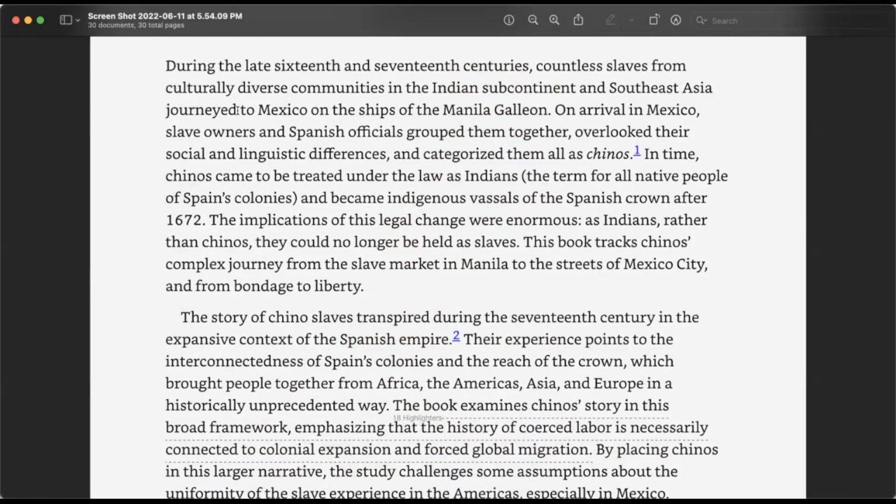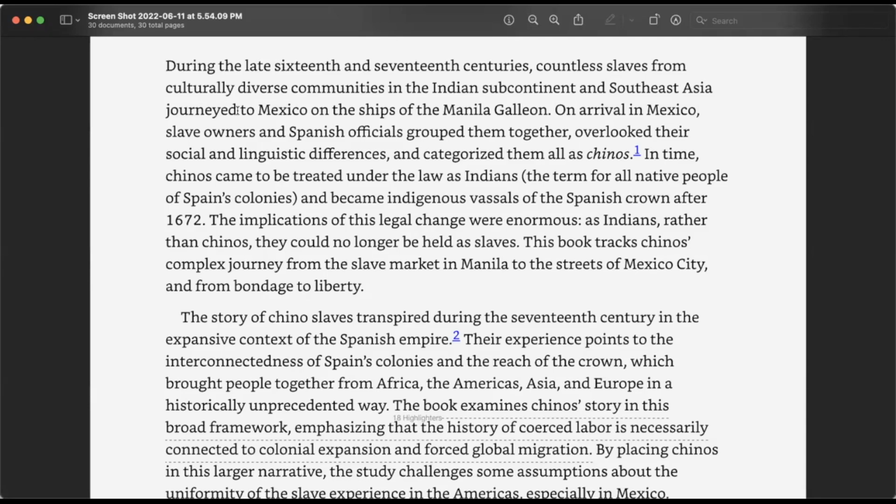So again, we come back to the book, and it's telling us on arrival in Mexico, slave owners and Spanish officials grouped them together, all these different people, overlooked their social and linguistic differences, and categorized them all as Chinos. In time, Chinos came to be treated under the law as Indians. All right, listen, the term for all native people of Spain's colonies.